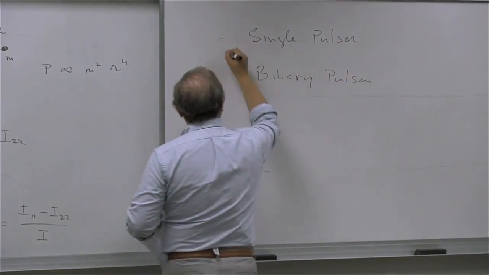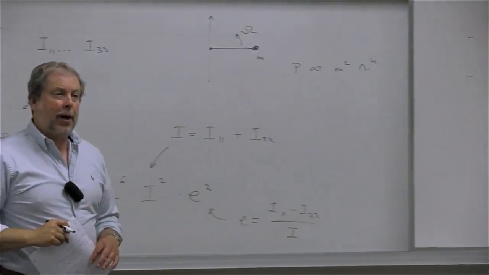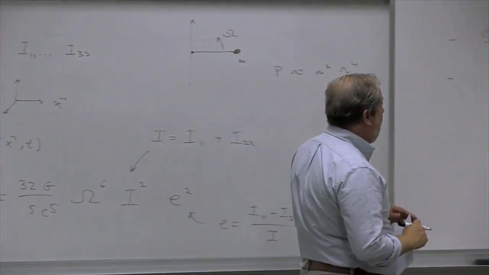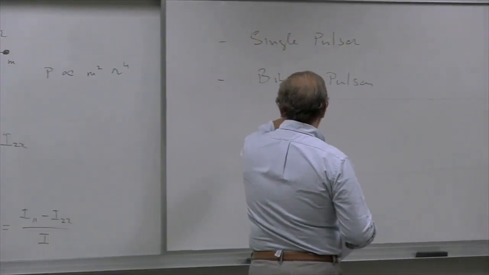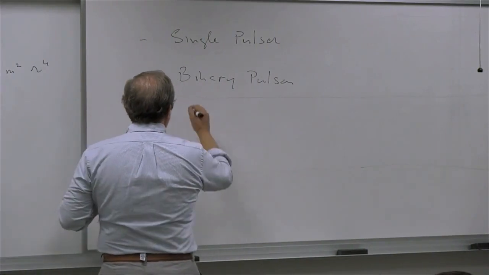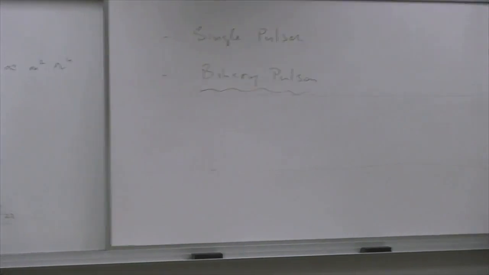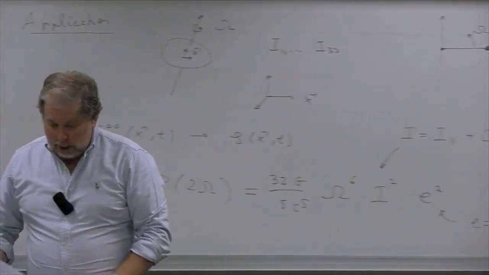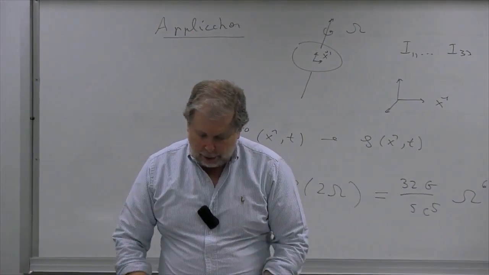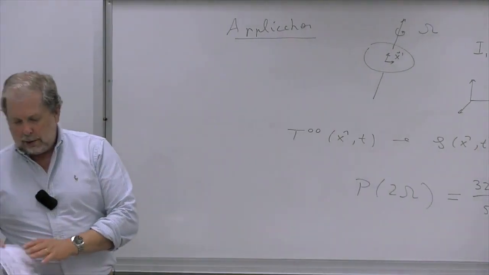Both of them will emit gravitational radiation provided the parameters are right, that you have some non-vanishing moments of inertia according to that formula. But of course, the binary pulsar is the one that works extremely well. And again, that is how gravitational radiation, in fact, was detected in the first place, right?